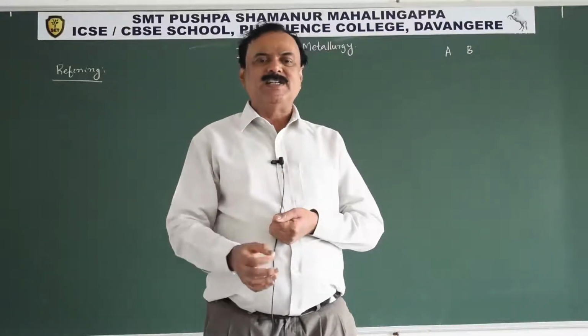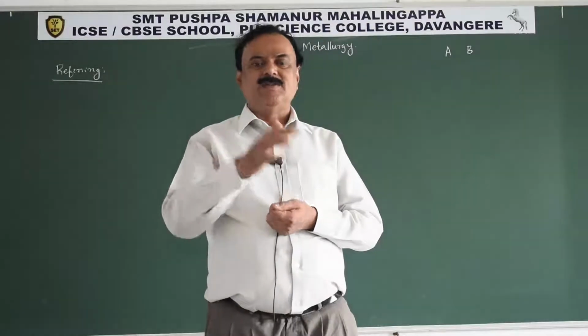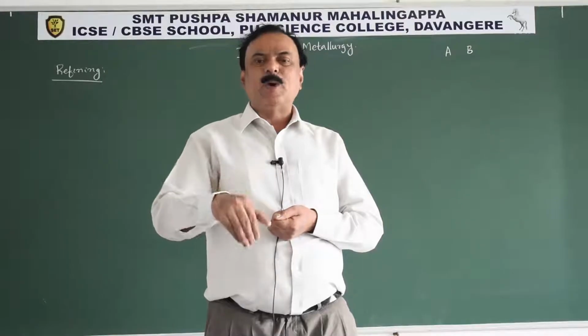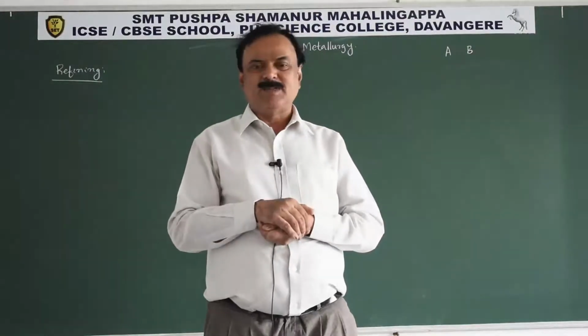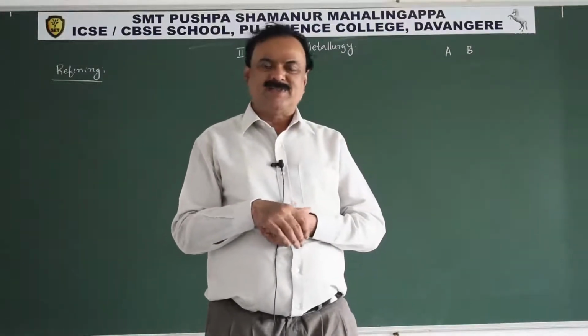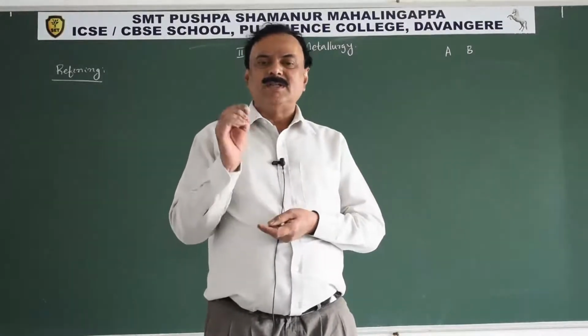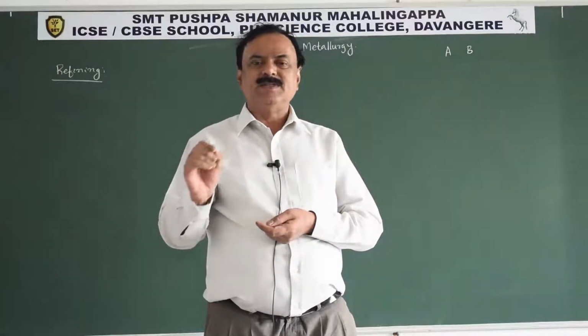If copper is associated with impurities like zinc or tin, whatever it may be, then redox reactions will occur. Then copper undergoes an oxidation reaction with atmospheric oxygen in the presence of moisture. Therefore, the metal loses its reactivity.